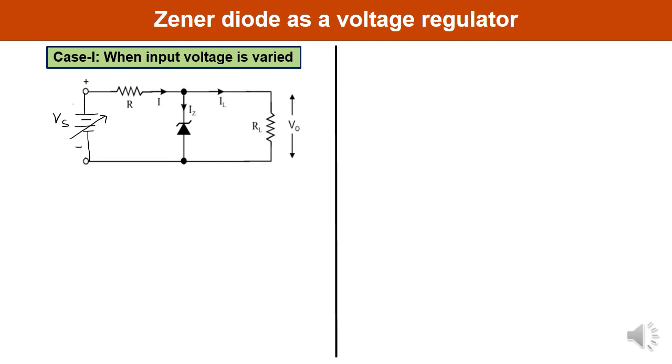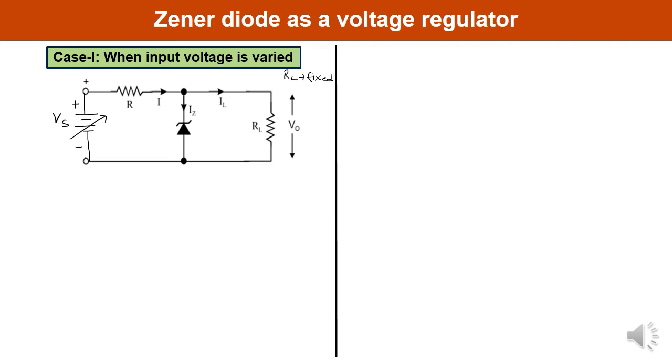R is also being mentioned, Iz is the current passing through the Zener diode, IL is the current passing through the load resistance, and this load resistance RL is fixed.